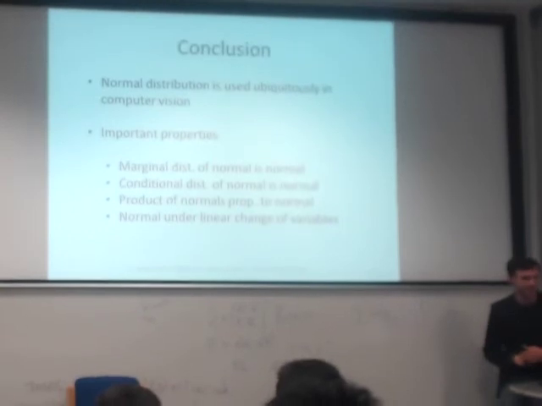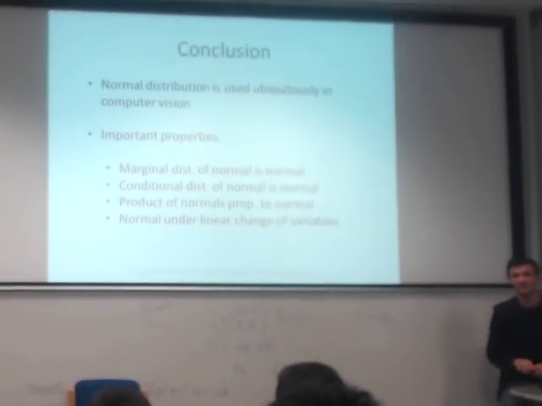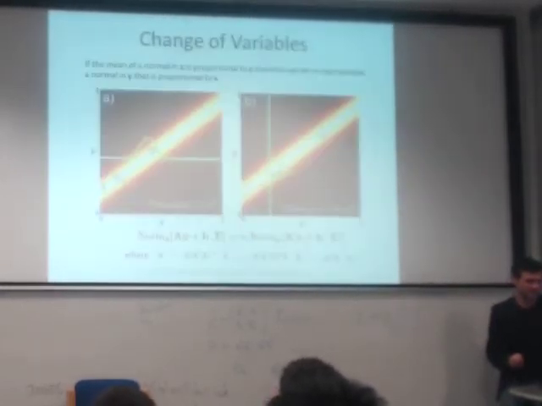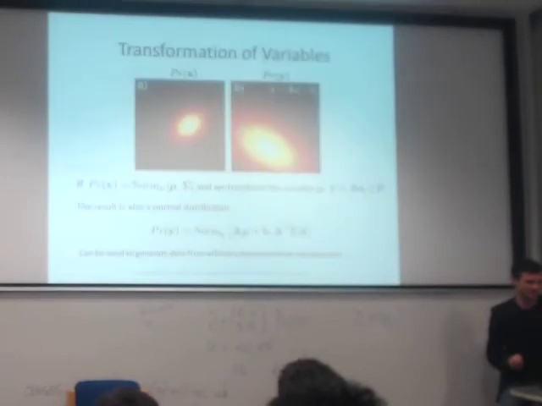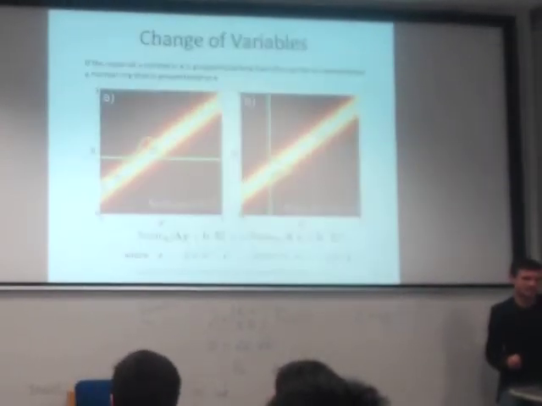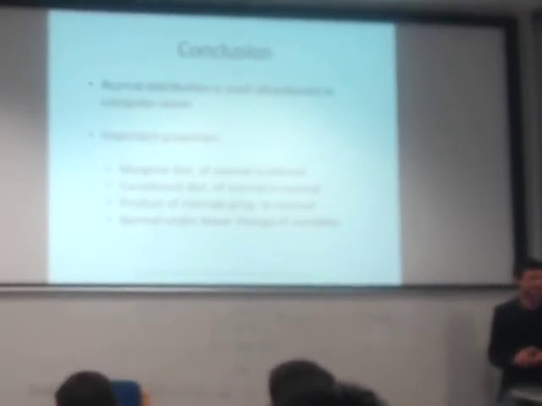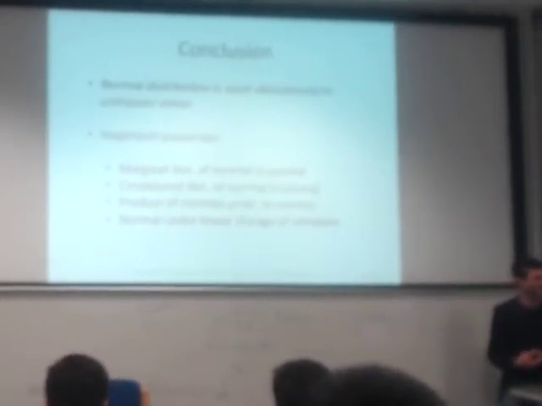The product is also normal, and it's normal under linear changes of variables. And under transformation of variables. So that's it. That's your normal distribution. Now you can go into the big world and learn how to use it.